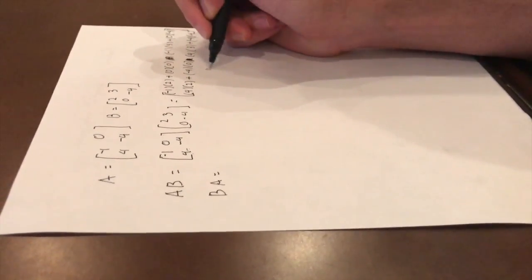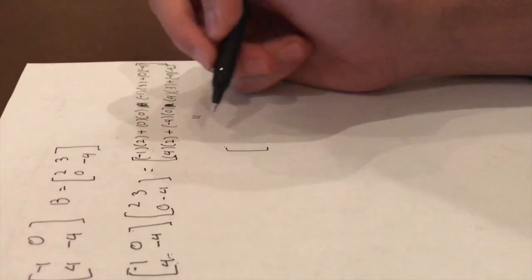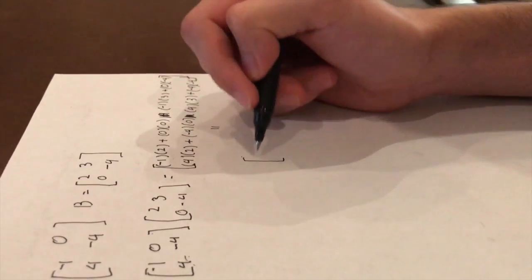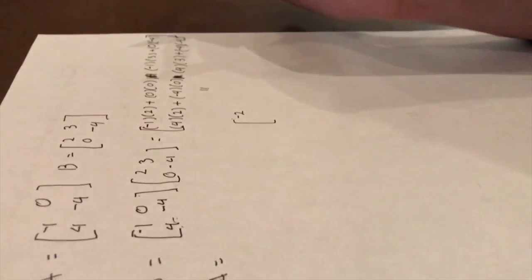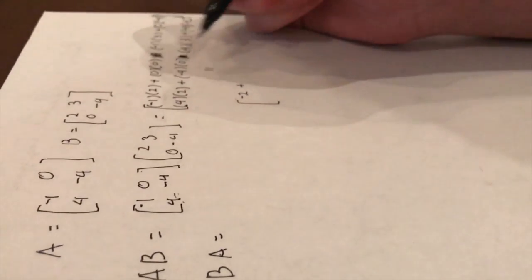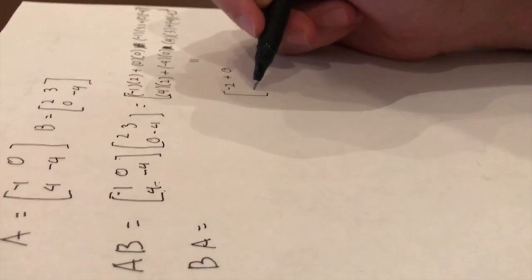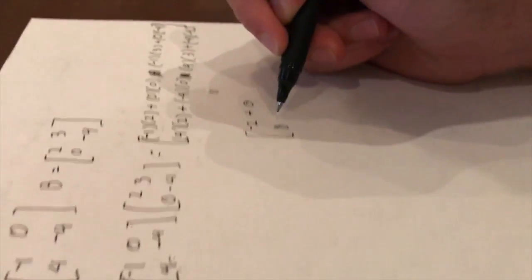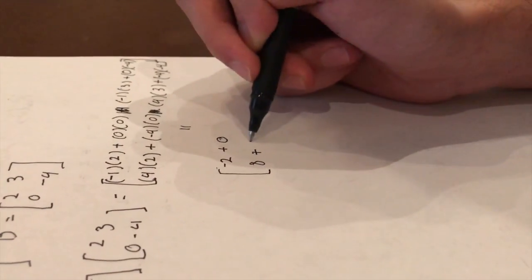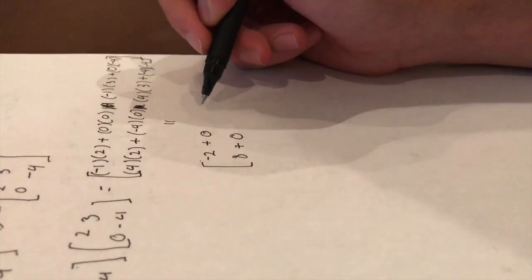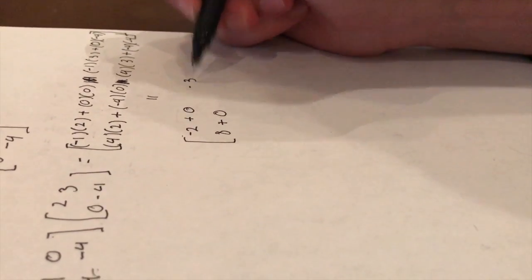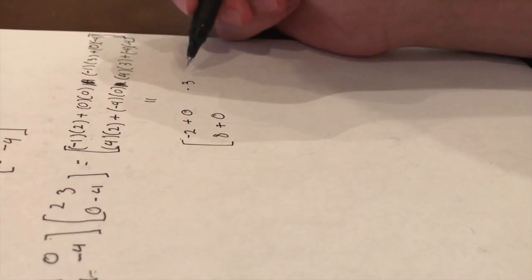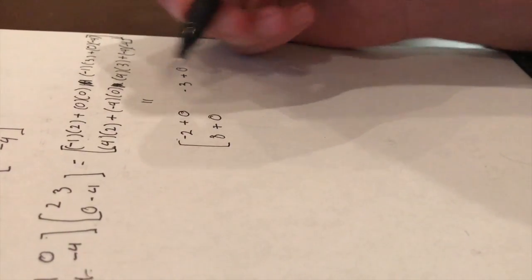So it's going to be negative 1 times 2, negative 2, plus 0 times 0, 0. 4 times 2, 8, plus negative 4 times 0, 0. Then negative 1 times 3, negative 3, 0 times negative 4, 0.